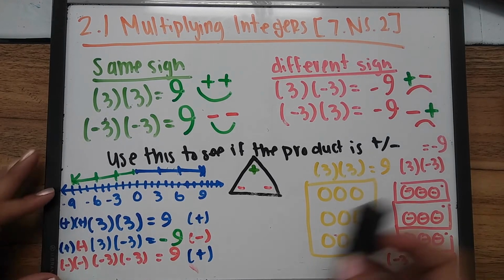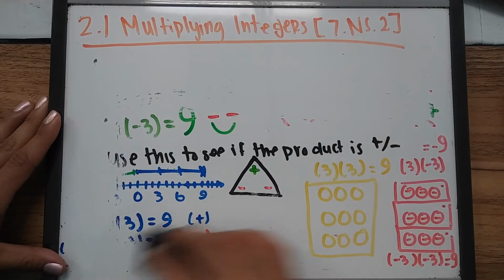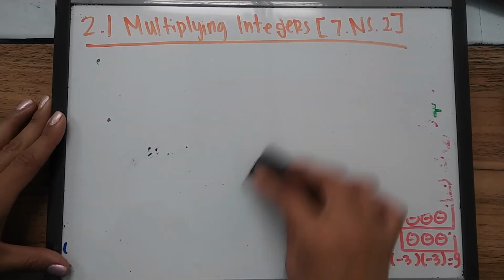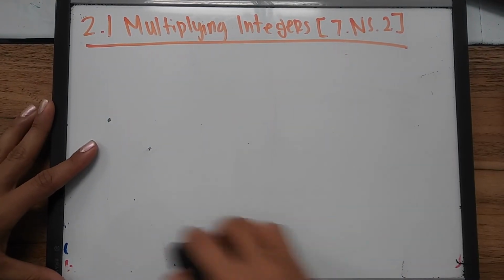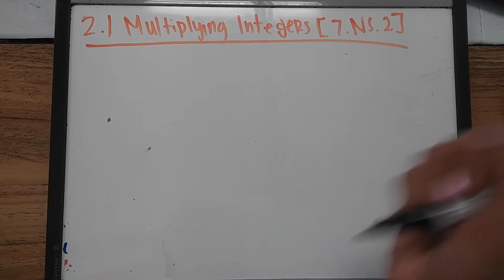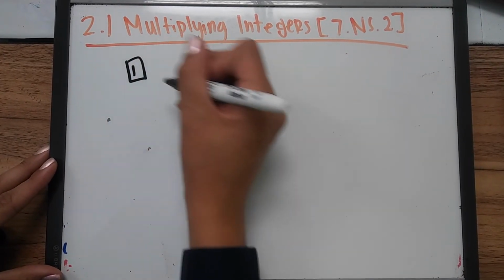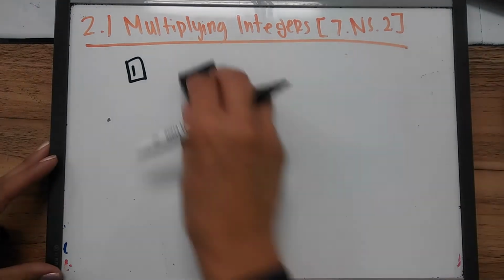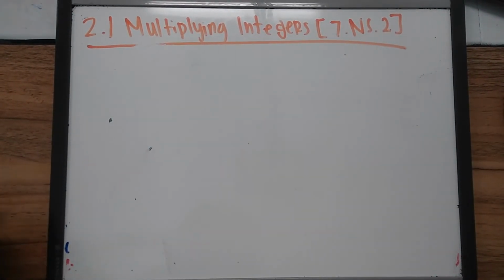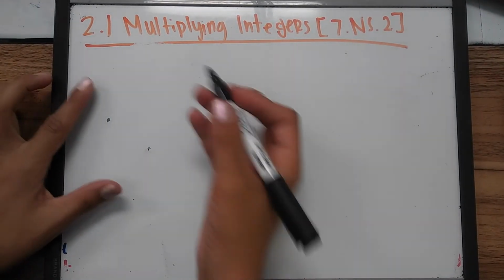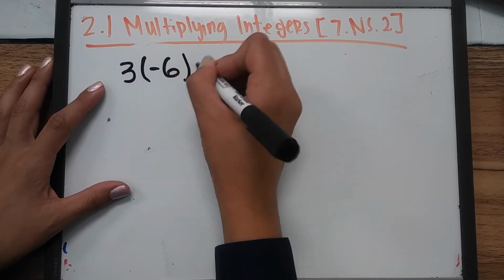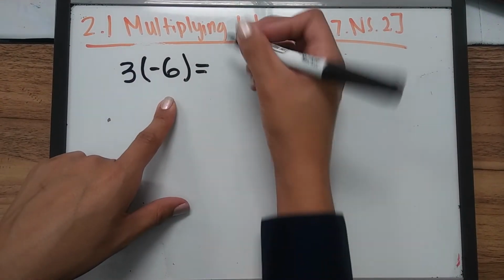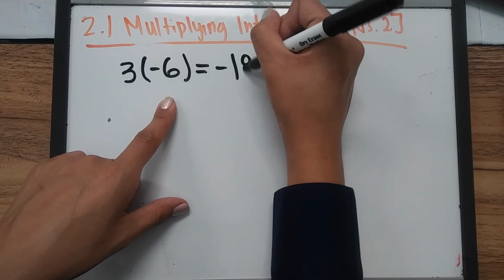Let me give you your homework. Let me just review quickly, and then I'll give you homework to show me at the beginning of class on your whiteboard. If I have 3 times negative 6, because they have different signs, I'm going to get a negative number, and that's negative 18.